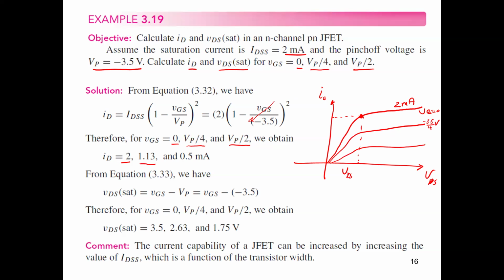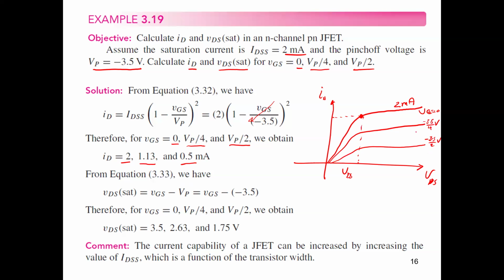It should be lower, so this is 0.5 milliampere. This is here for minus 3.5 divided 2 volt, and so on.